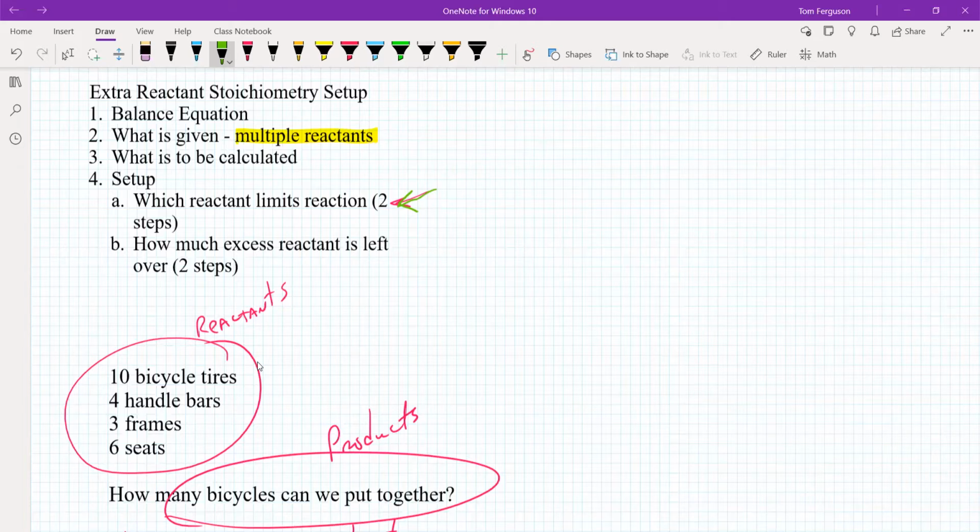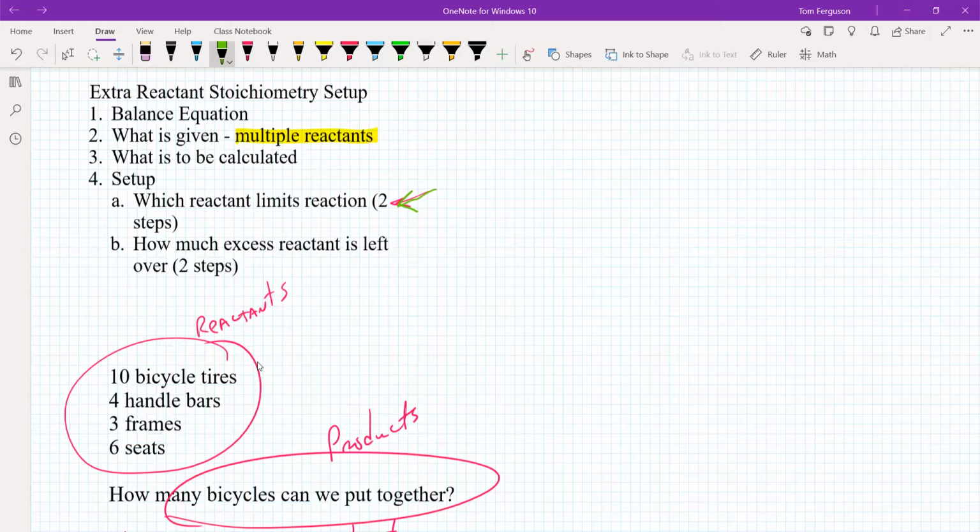If you have 3 givens, that's 3 steps. You have to run each one through independently. Whatever's less limits the product. The next step is to find out how much you have left over of the other one. And that's a two-step process as well.